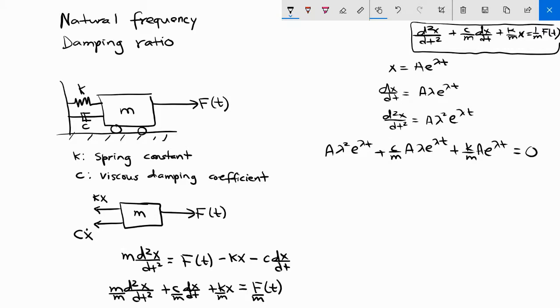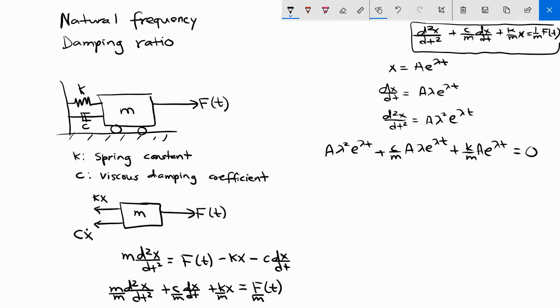This differential equation has two types of solutions: homogeneous solution and particular solution. You will obtain the particular solution if you keep F(t) on the right hand side, but if you assume it is equal to 0, you will obtain the homogeneous solution, and the homogeneous solution will also satisfy this differential equation.